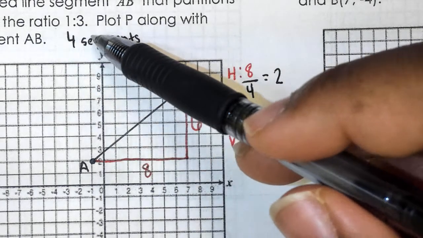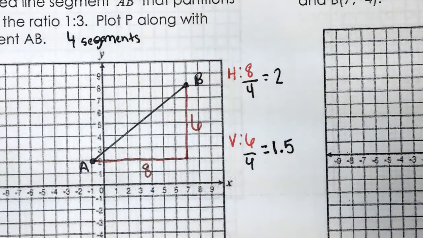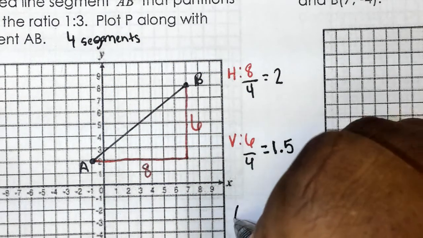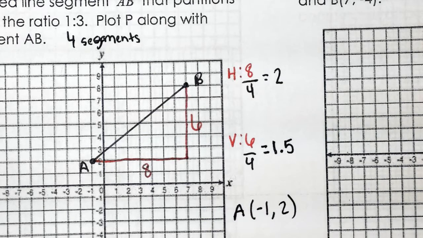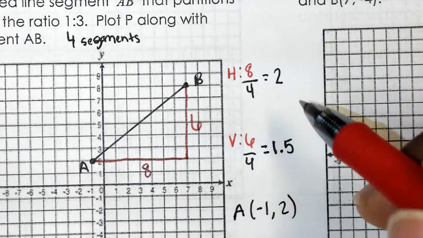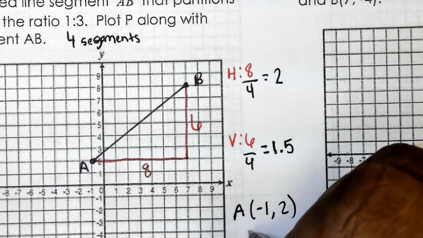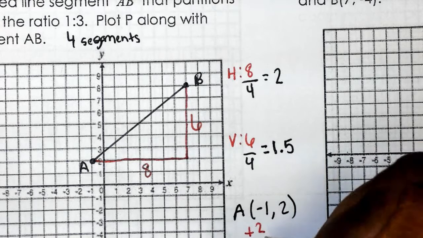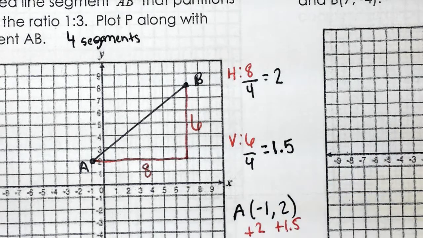The split is 1 to 3 from A to B, so all I gotta do is move over one partition from A. So from point A, it's -1, comma 2. I'm gonna just do one partition from there. Remember, horizontal change is X, vertical change is Y. So horizontal change is +2, vertical change is +1.5.